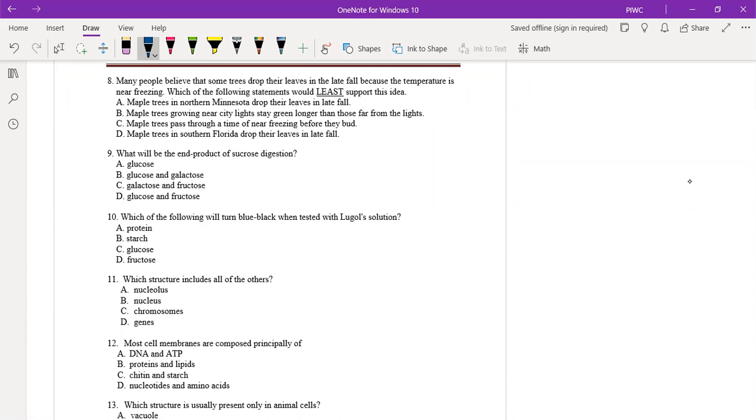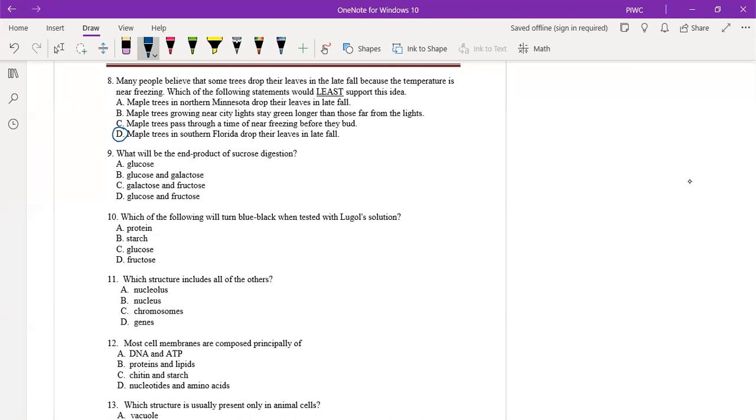B, maple trees growing near city lights stay green longer than those far from the lights. C, maple trees pass through a time of near freezing before they bud. And D, maple trees in South Florida drop their leaves in late fall. D, perfect.